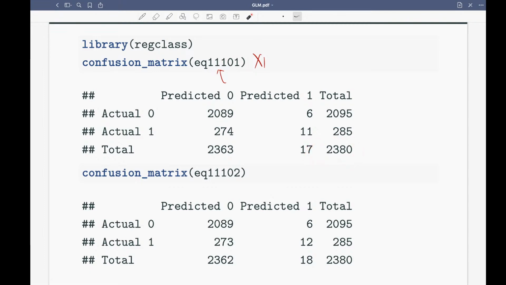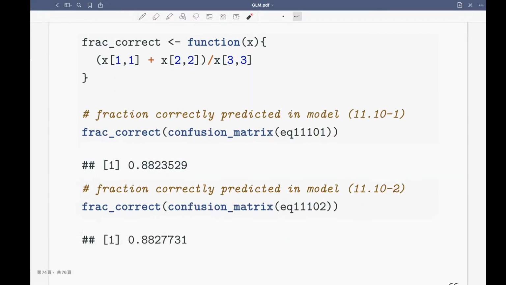So you can find the total observations are 2,380, and the correctly predicted observations are about 2,089 plus 11. So the fraction of correct predictions is about 88%.